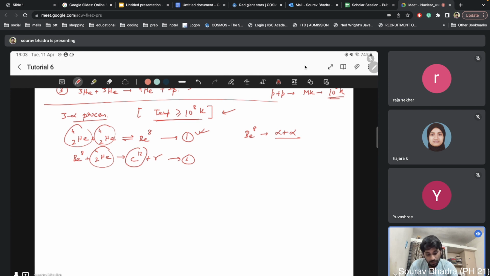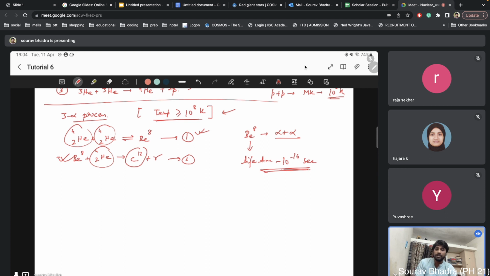But the lifetime of beryllium 8 is roughly 10 to the power minus 16 second, that means up to this time the beryllium will be there, and although it is very small, it is large enough to go through the next reaction.